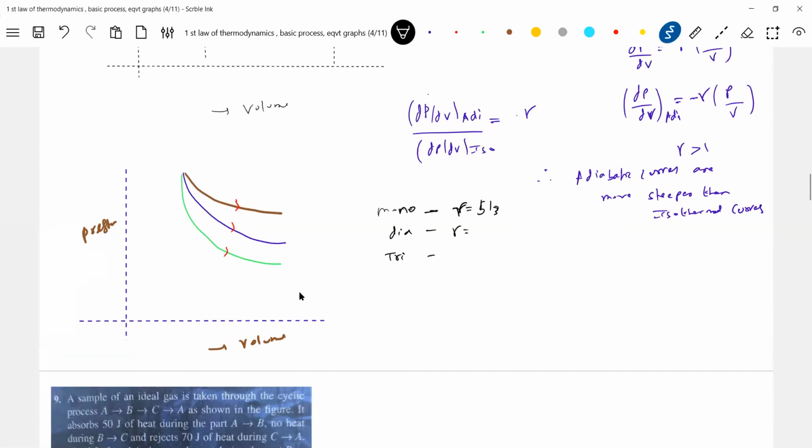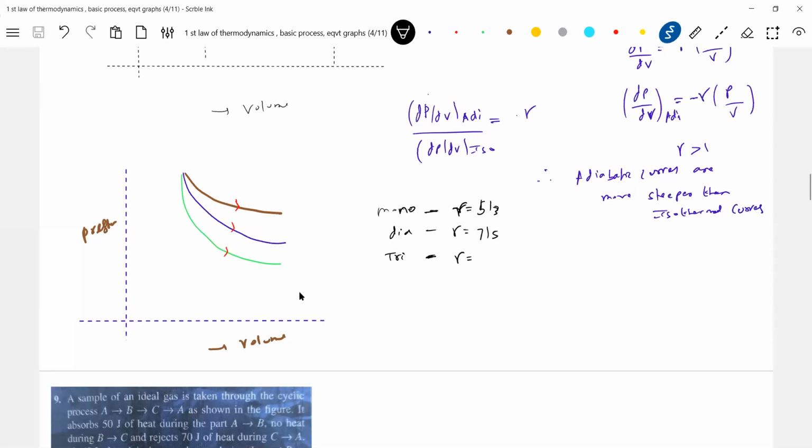For diatomic gas, 7 by 5. For triatomic gas, CV for triatomic gas, how much will it be? Non-linear triatomic gas, it will be 6, no?